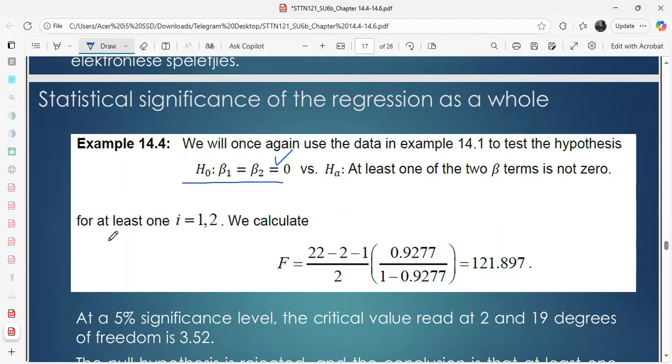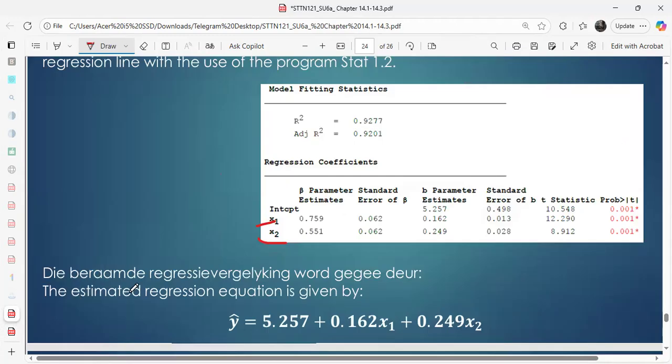Under the HA alternative, you just say at least one of the two B items is not 0. At least one. That's how you formulate. If we had three, x1, x2, and x3, we would say B1 is equal to B2 is equal to B3 is equal to 0.